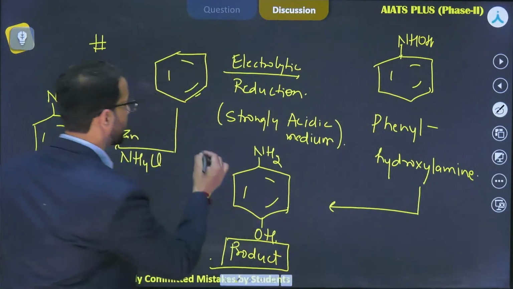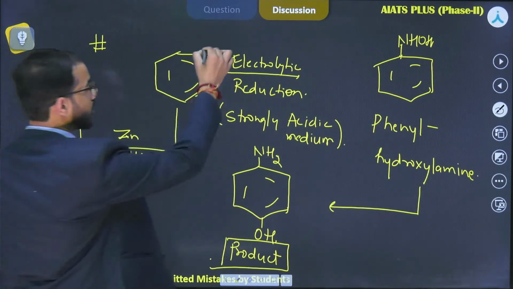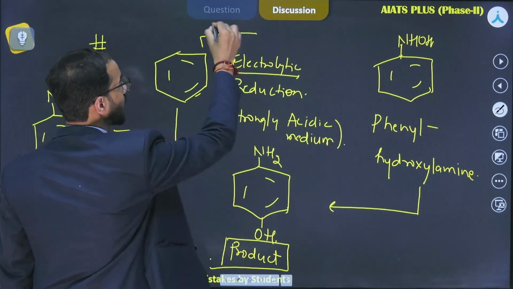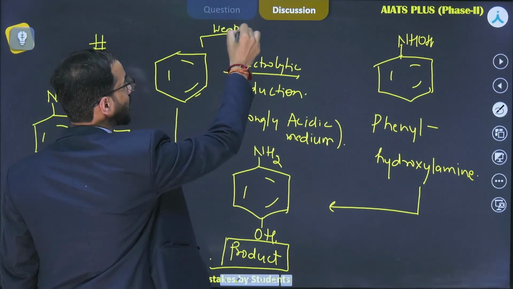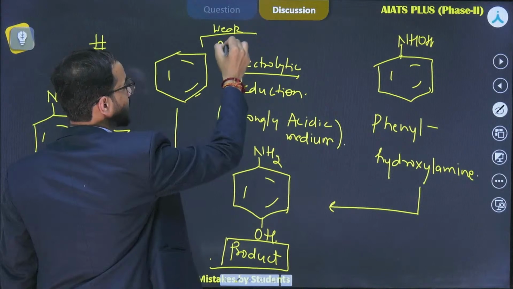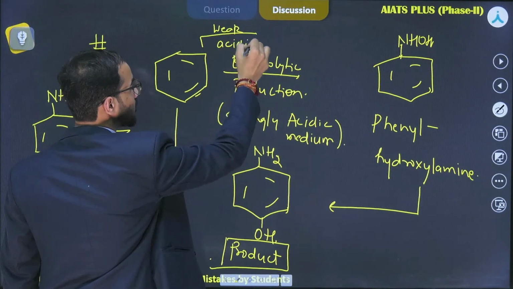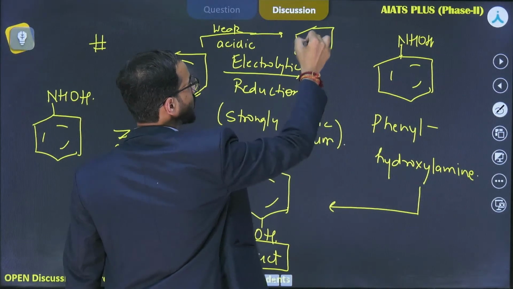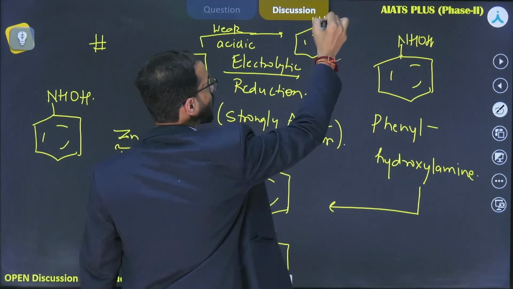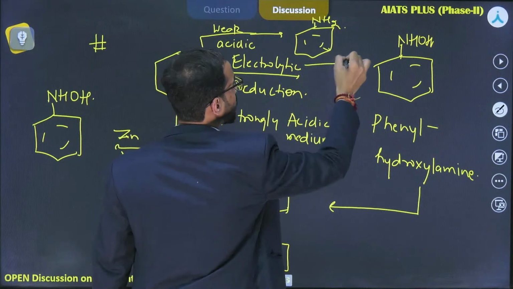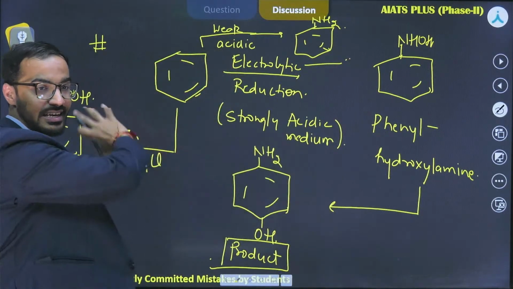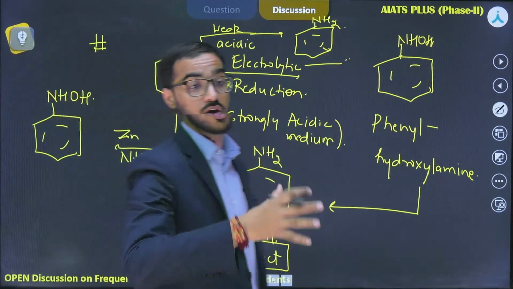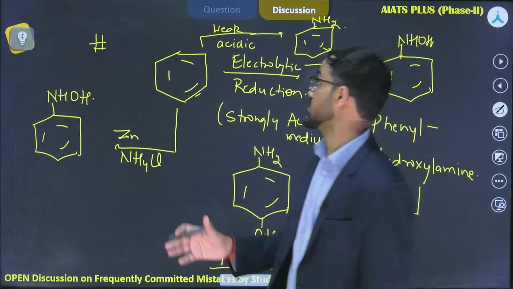And simply if electrolytic reduction is carried out in weakly acidic medium, then the product formed is aniline. This is the entire set of reactions of reduction of nitrobenzene.